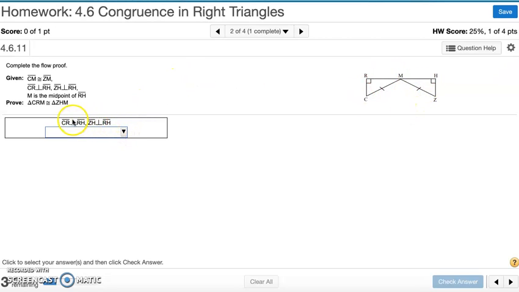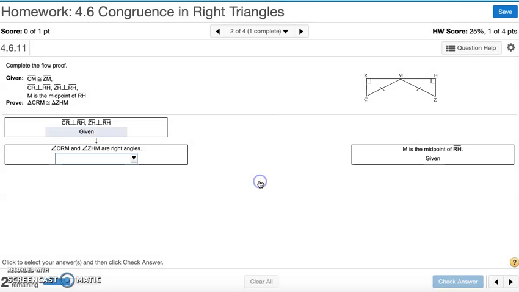So the first thing we're given is this, which is part of our given, so choose that. Now we're told that angle CRM and angle ZHM are right angles. That's because CR and ZH are perpendicular to RH.